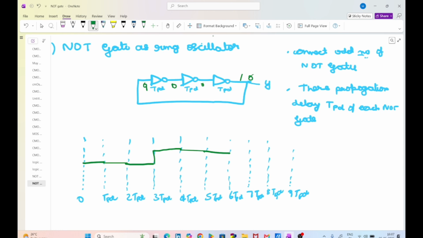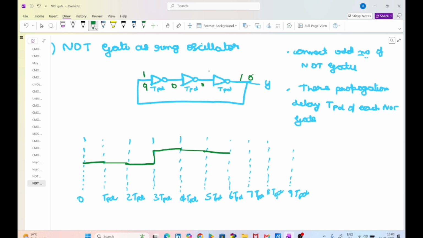I will explain it again once. Let me erase this. I hope you will get a clear understanding. When this becomes 1, the output is still 1.